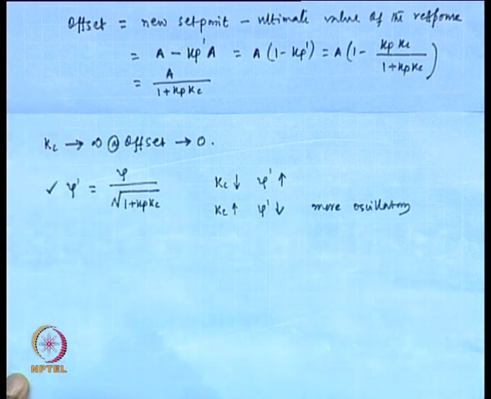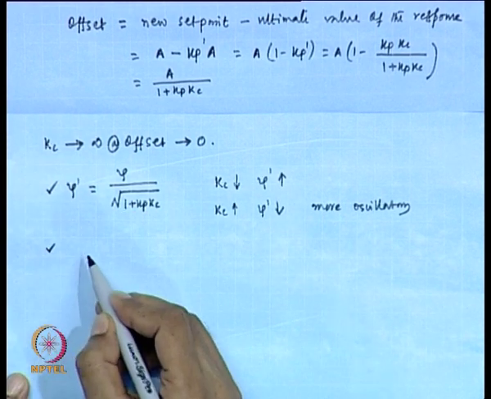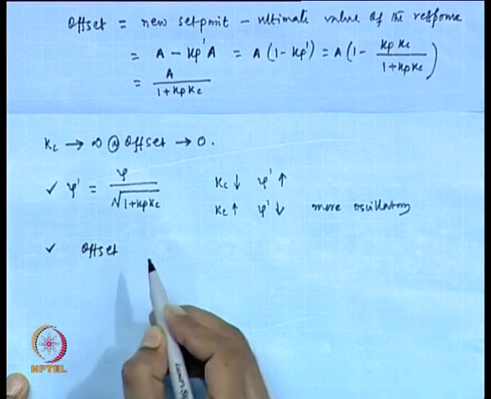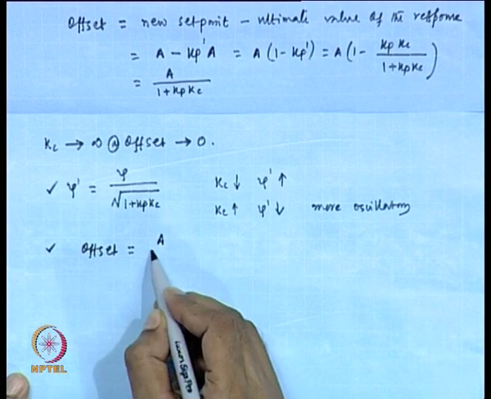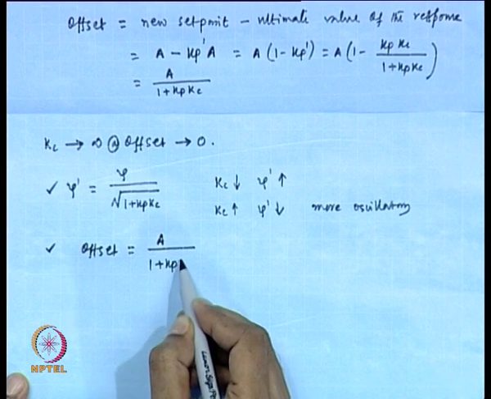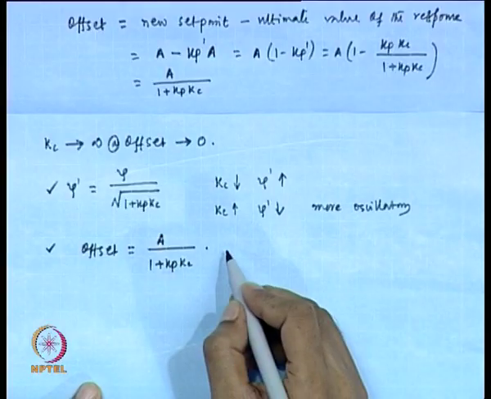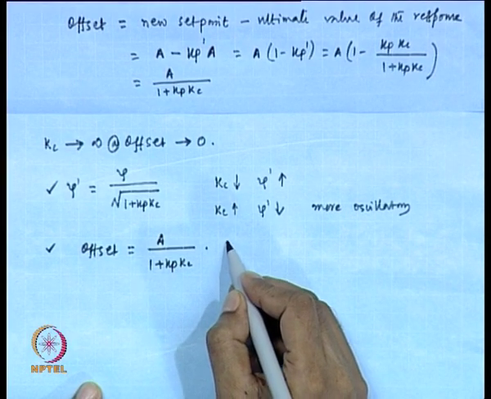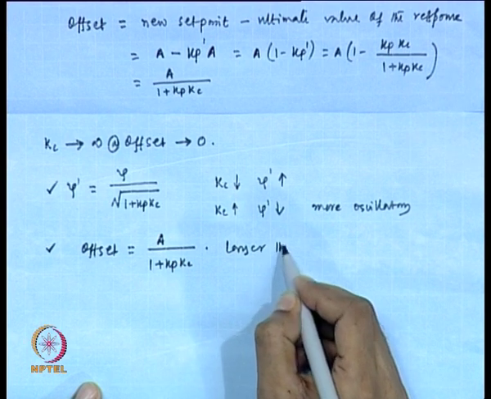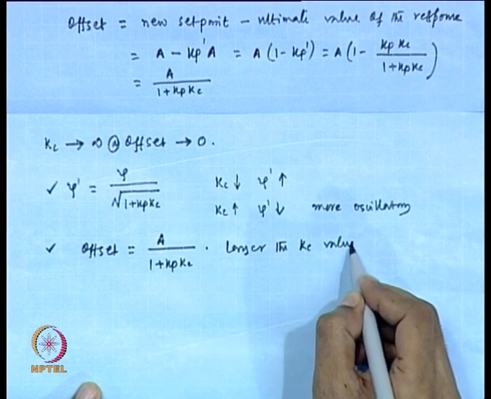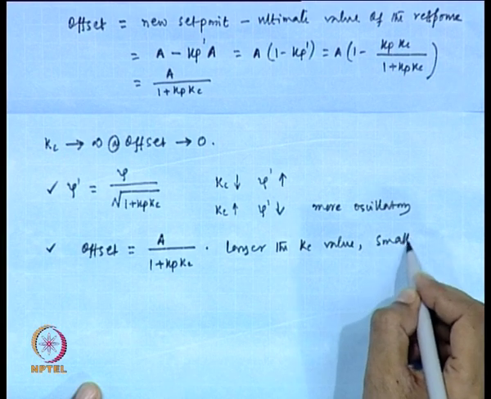This is one point. Another point is, we know the offset equals A divided by 1 plus Kp Kc. From this expression, we can say that the larger the Kc value, the smaller the offset.